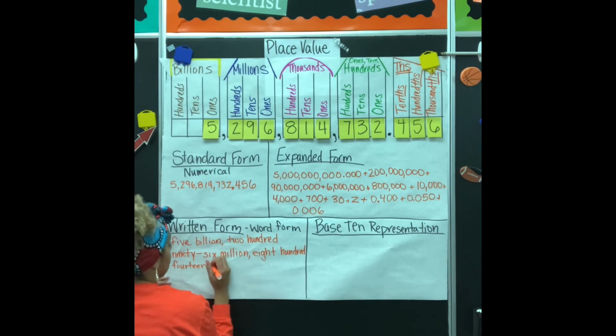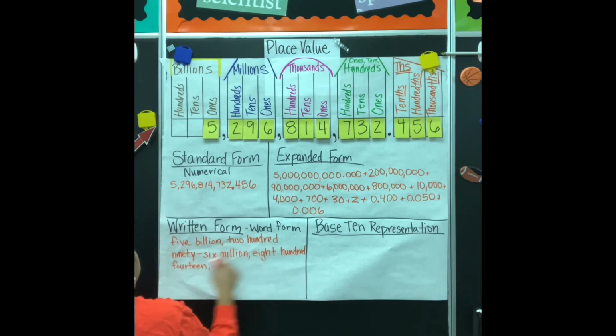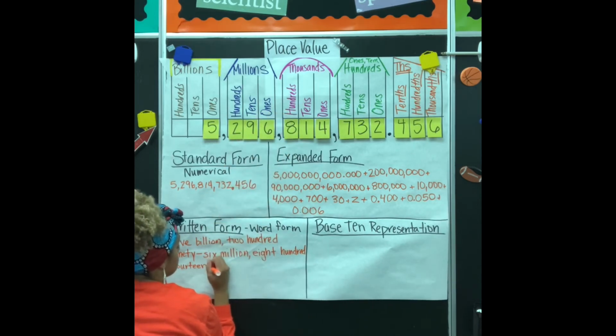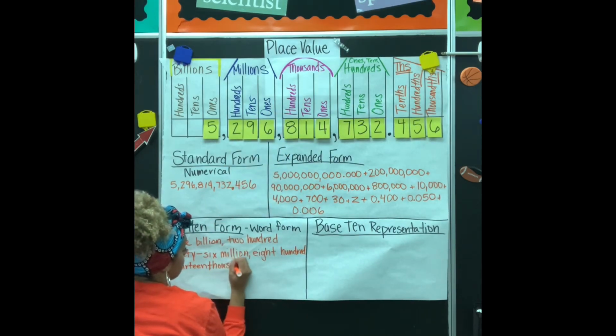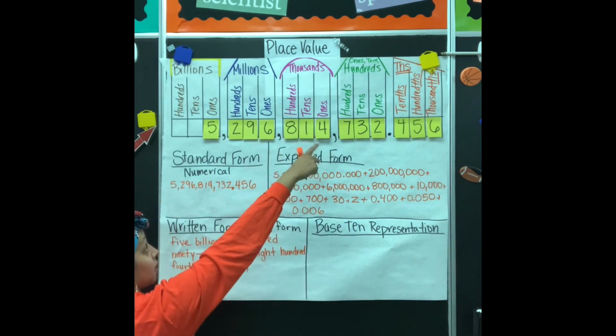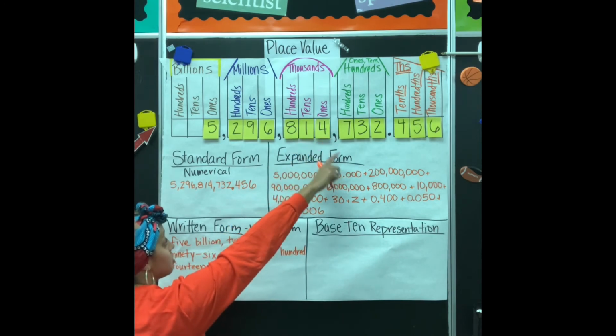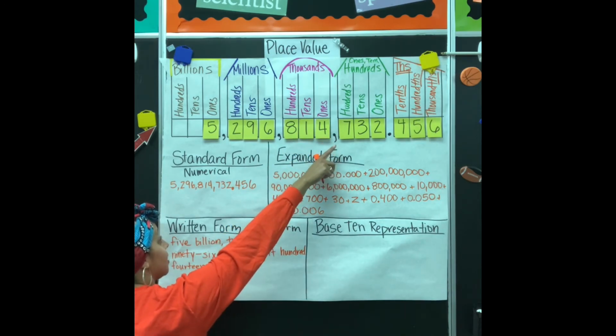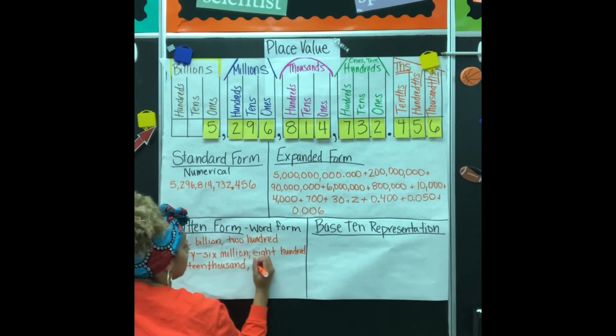Oh no, we have to say thousand, sorry. So we have 5,296,814. We got to say the house name, which is thousand, not thousands, because that doesn't make sense. 1,000. We're putting a comma because we're jumping into the 1s, 10s, 100s, our original house, and we're going to read that number, which is 732.